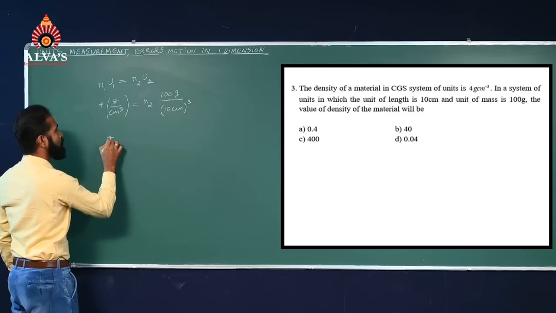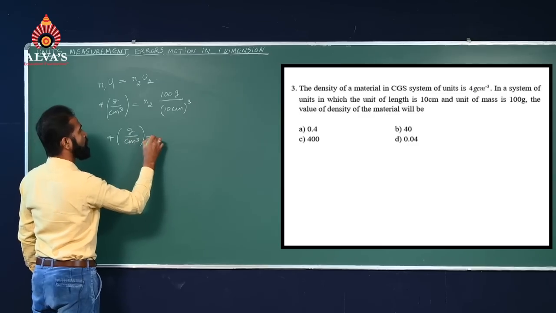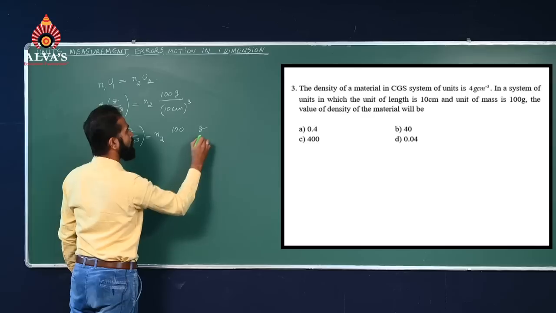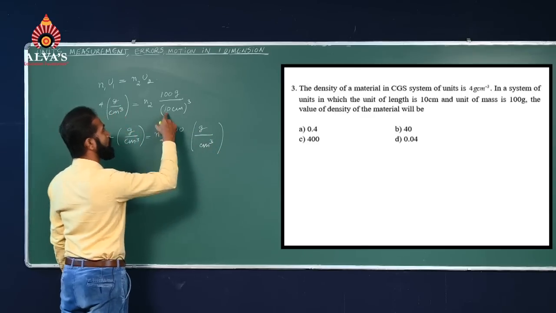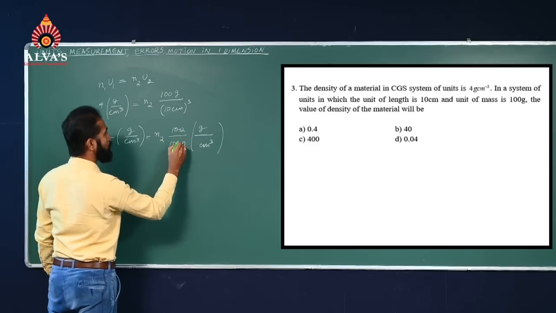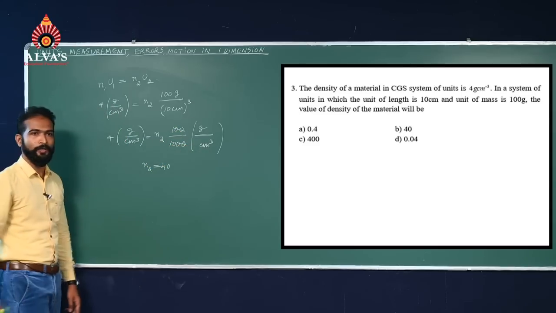So coming to the next step, 4 gram per centimeter cube equals n2 times 100 gram divided by 10 cube centimeter cube. 10 cube will give me 1000. So striking out, I'm going to get n2 is equal to 40. That is option number 2.